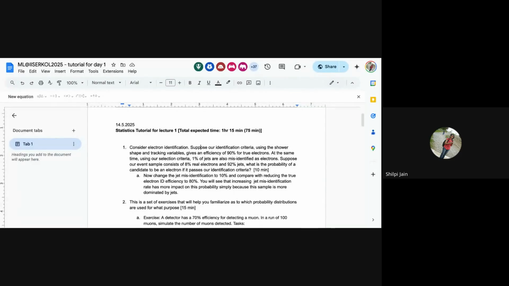Hadron-hadron collision data. So what happens in hadron-hadron collisions? There are many jets everywhere, and these jets are essentially sprays of particles. They contain a lot of pions, neutrons, protons, mostly pions: pi plus, pi zero, and pi minus.